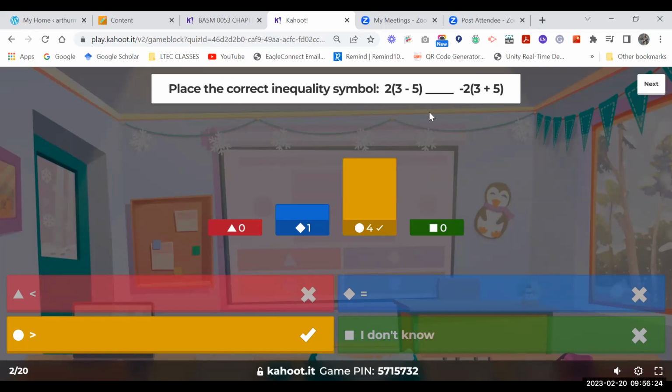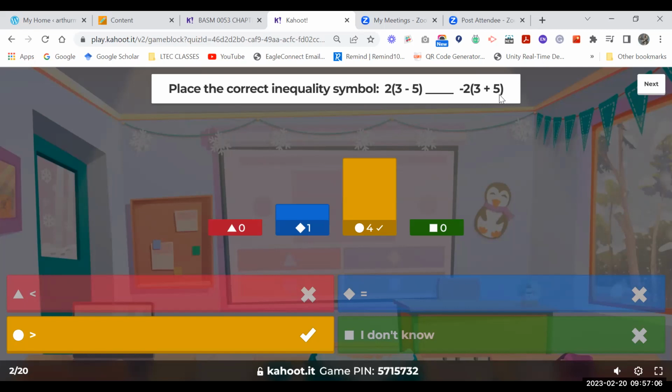The reason I put this up here the way it is, what's the only thing I changed in there? I changed the negative sign from inside the parentheses to outside the parentheses. How does that change the equation? 3 minus 5 is what? -2. -2 times 2 is -4. So this says -4. On this side, we have to do 3 plus 5, which is times -2, -16. So is -4 bigger than or less than -16?